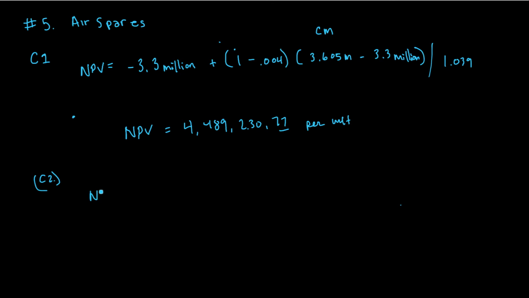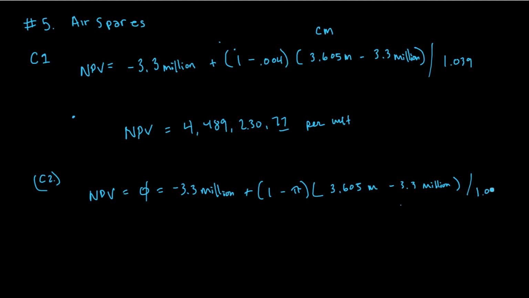So we set NPV equals 0 equals negative 3.3 million, that's our variable cost, plus 1 minus pi times our 3.605 million minus 3.3 million, divided by 1.039.